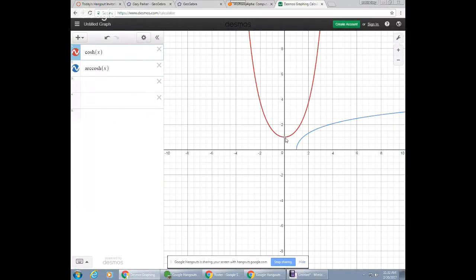I can plug anything I want into the red function, but the range is always going to be y greater than or equal to 1. And if I have to choose just one side of this curve, like the right side, that means I'm modifying my domain to be x greater than or equal to 0. And when you do an inverse function, those get switched. So we'll switch those in just a moment.